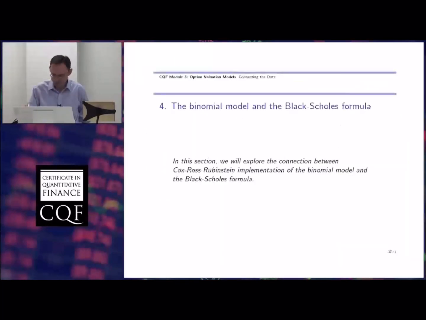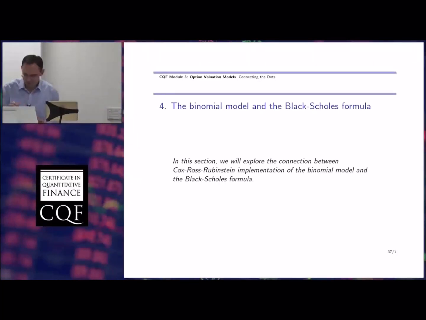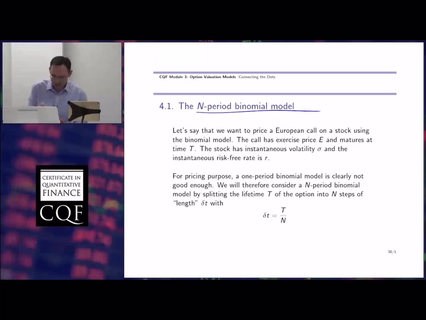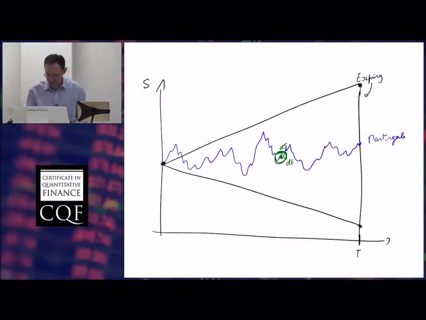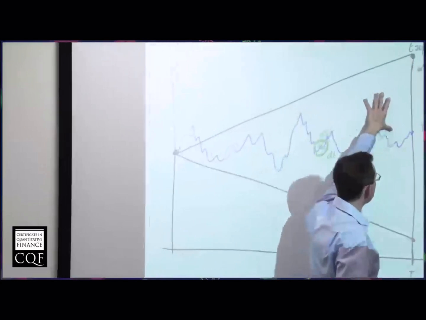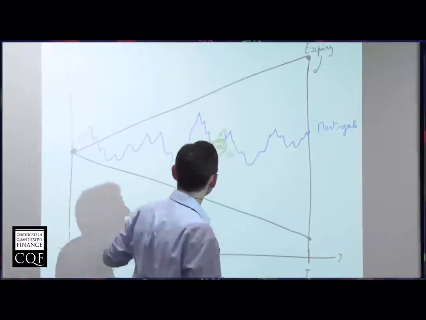So for that, we are going to take the n-period binomial model. And the reason for that is here. We've got something very coarse when we have just the one-period binomial model.